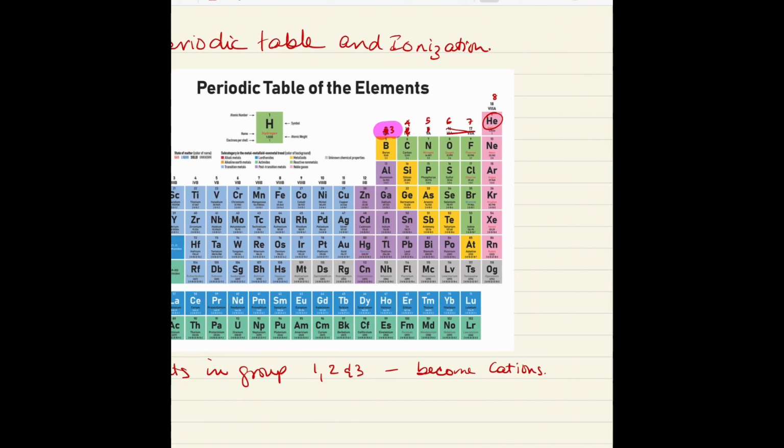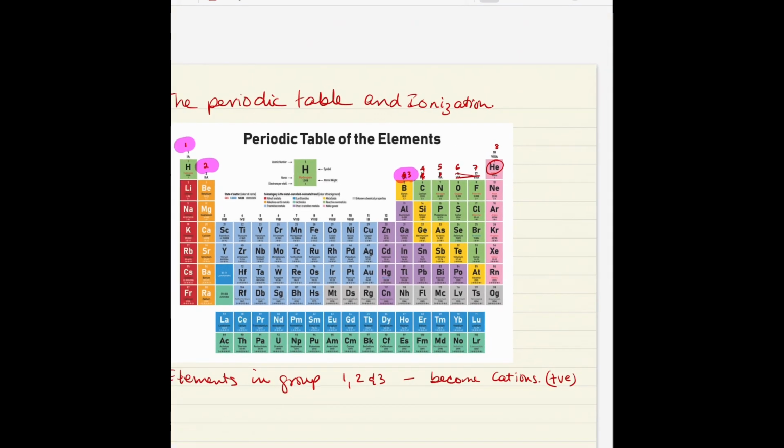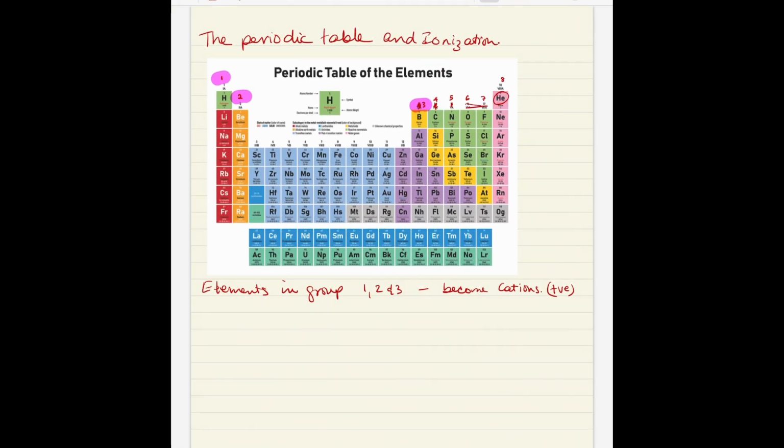Remember that means they are going to be positively charged ions, because elements in these groups are going to lose electrons during ionization. So these elements will lose electrons during ionization.